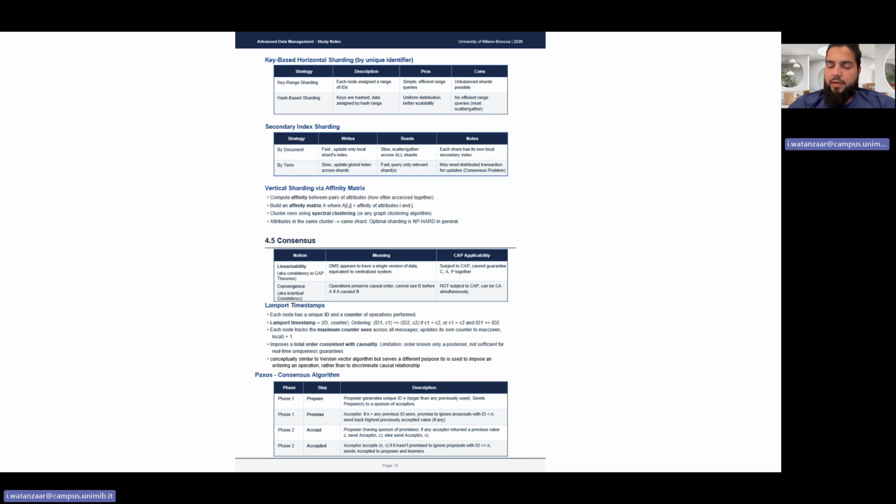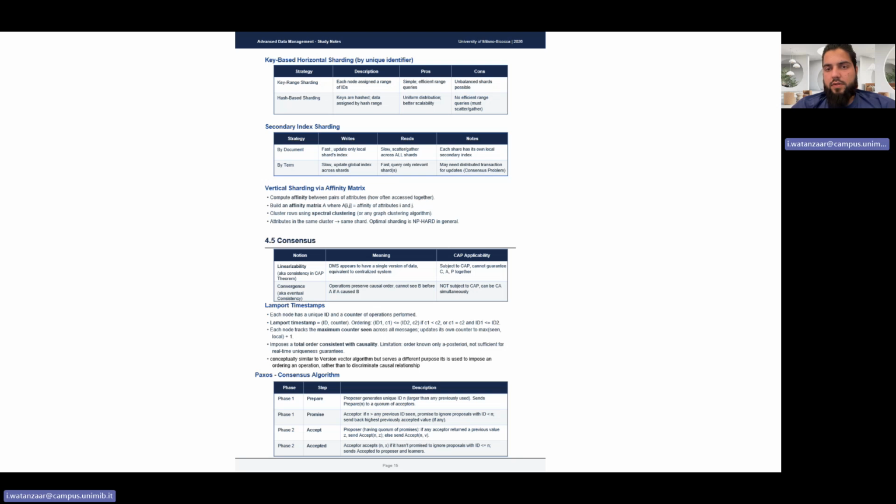Either all of them agree that the data which we are committing is okay, or it should be rolled back. It's really important. We will be discussing the Paxos algorithm also, which is a consensus algorithm. But let's discuss some concepts before further discussing the notions of consensus, like Paxos or Lamport timestamps.